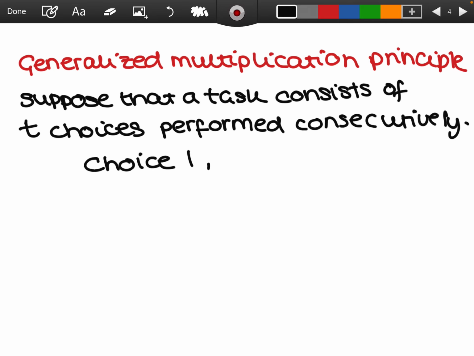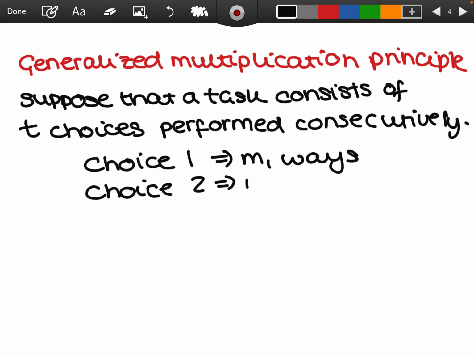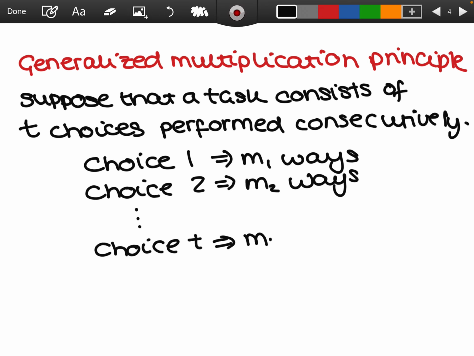Then suppose that for choice 1 there are going to be M1 ways to complete that particular task that we have at the start. Then choice 2 is going to have M2 different ways, all the way down to choice T, which is going to have MT different ways.